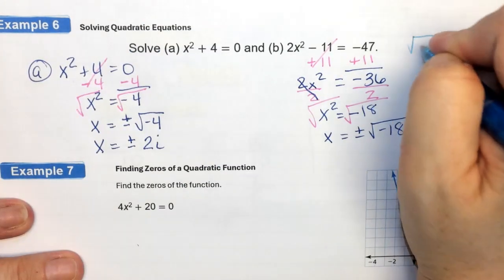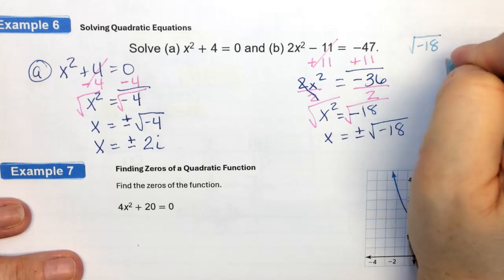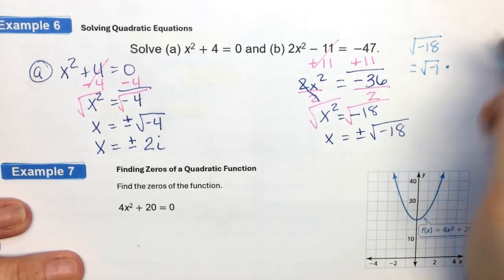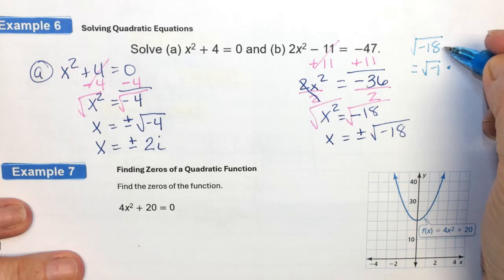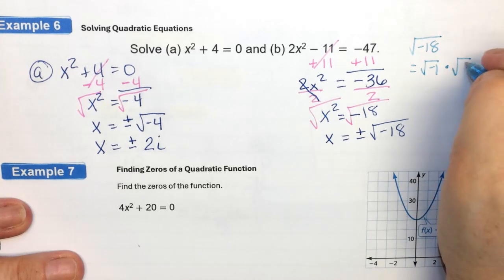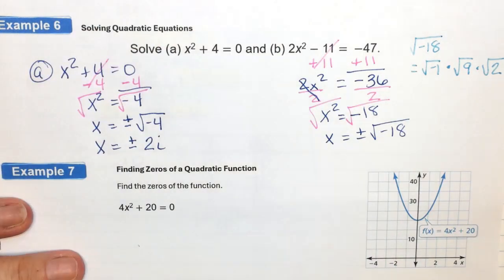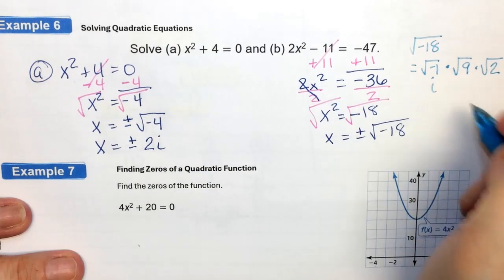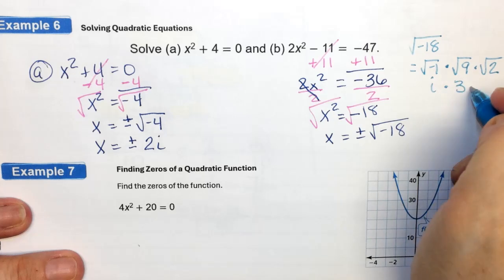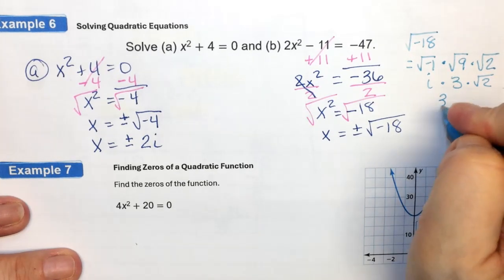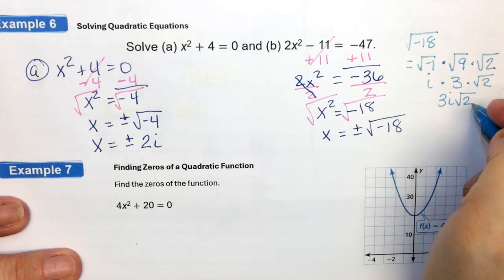So the square root of negative 18, we can break this up as square root of negative 1. And I need a perfect square that's a factor of 18. So that makes me think of 9 and 2. So then I would say times the square root of 9 times the square root of 2. And so now I'm just going to simplify. I know this becomes i, this becomes 3, this becomes the same. And then we combine 3 times i gives us 3i square root of 2.